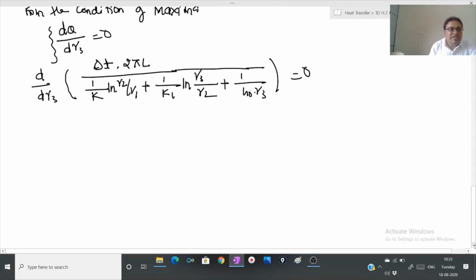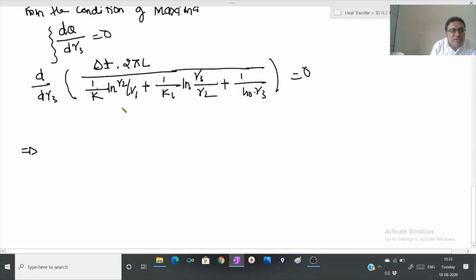Now let us differentiate this. So you have to recall the concept of differentiation. First we have to consider the entire term as constant with respect to R3.